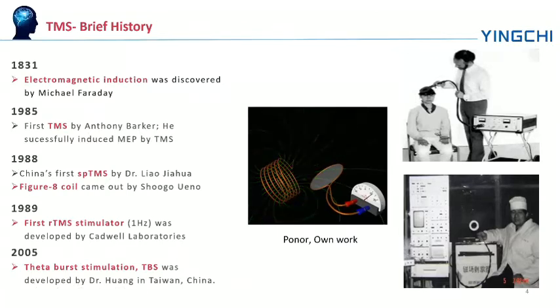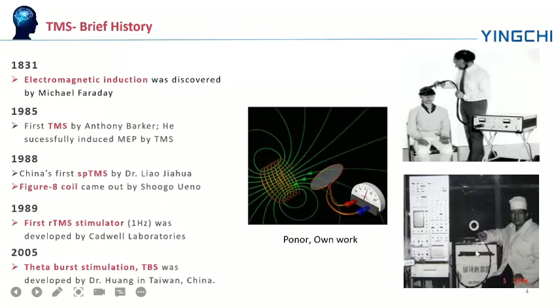And in 1988, the figure of 8 coil came out by a Japanese professor, and China's first single pulse TMS was also developed that year. So this is Dr. Liao Jiahua, and he did the first Chinese single pulse TMS.